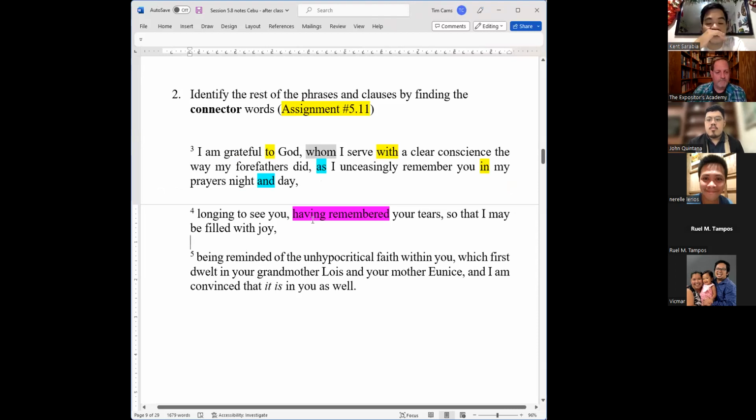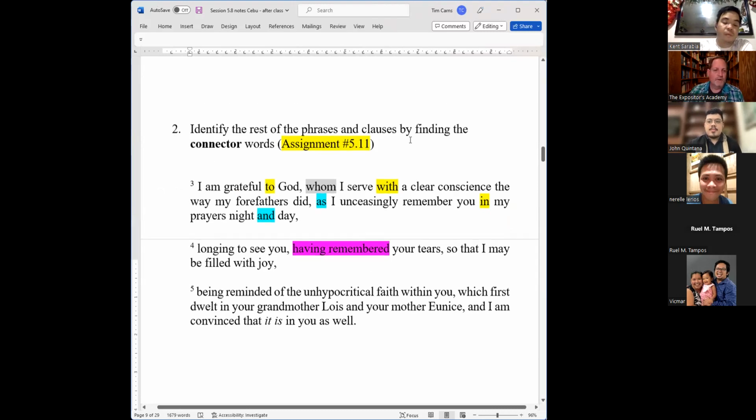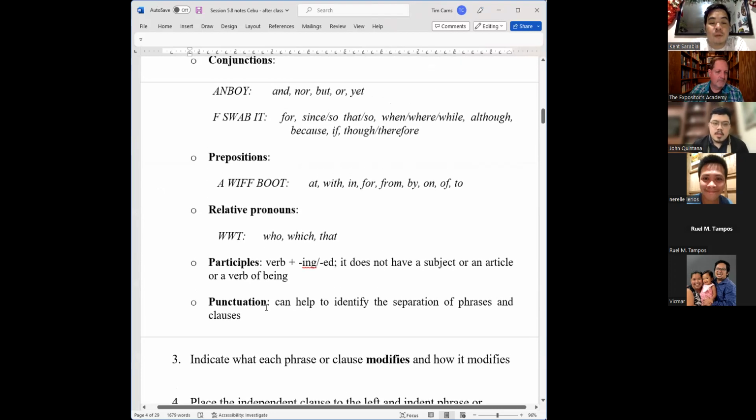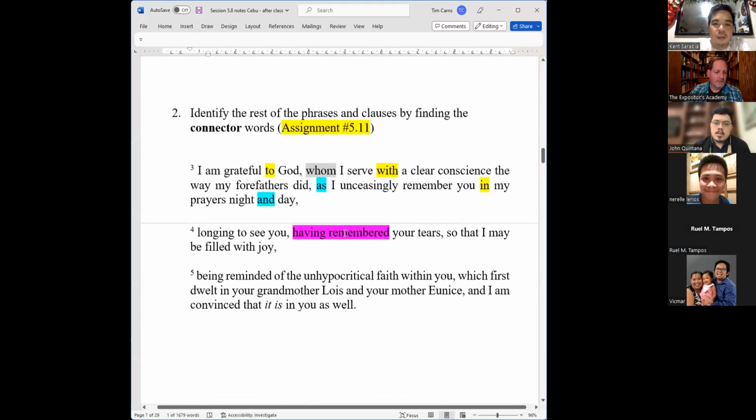If you remember this category of participles, that's a verb with the -ing ending, and no subject or article or verb of being. So that's what we see here. There's no subject, there's no article, no verb of being. Okay, so good. Any other connector words you see? "Longing to see." Yes, "longing" is also a participle.